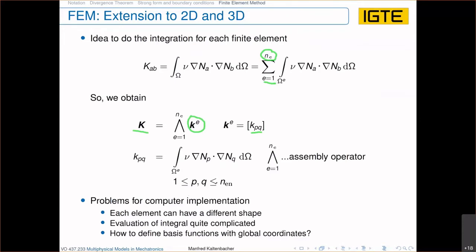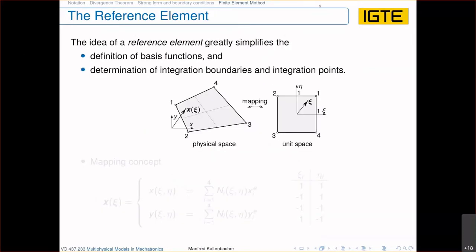To evaluate the integral, as we have it here, will not be as easy over such a shaped element. And the question is how to define the basis functions, the NP and NQ, with global coordinates, because we still have this computational grid. And that brings us now to the idea of a so-called reference element.